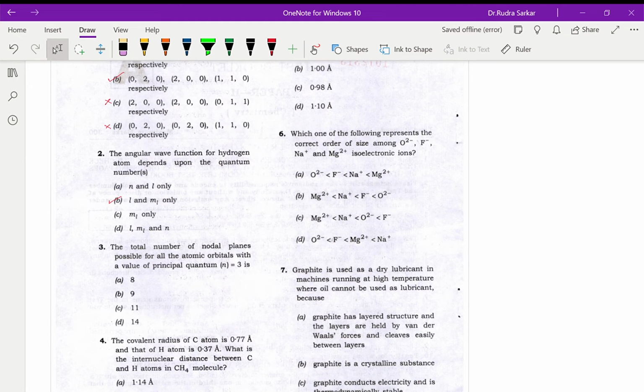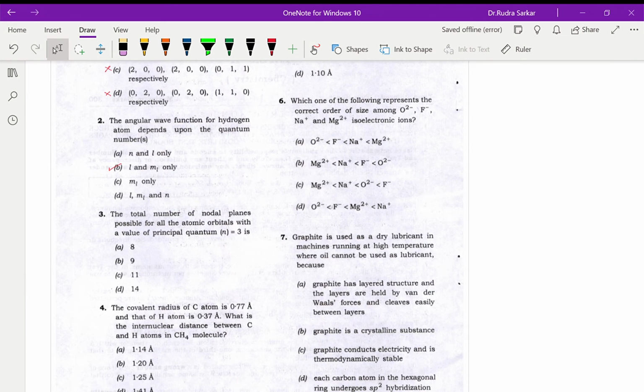Total number of nodal planes possible for all atomic orbitals with the value of principal quantum number n equal to 3 is what? So over here we have to keep in mind that for n equal to 3, the orbitals possible are 3s, 3p, 3d.